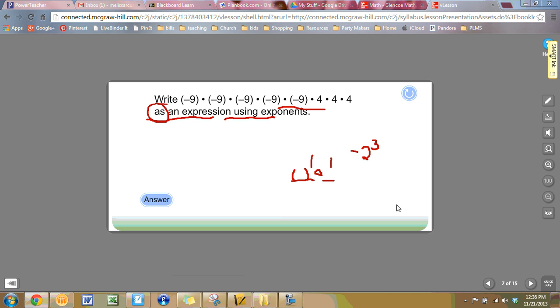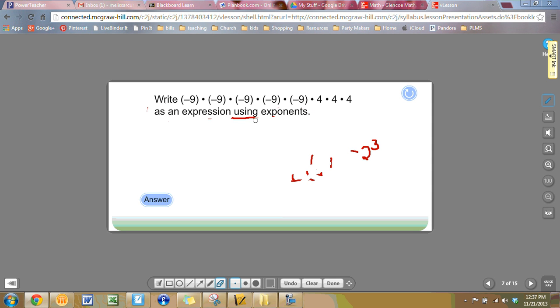All right, so let's try another example. Let me erase all of this. So write -9 times the -9 times -9 times whatever, -9's, and then 4. So I have two different bases again. I have a -9 base and I have a 4 base. So how many -9's do I have?